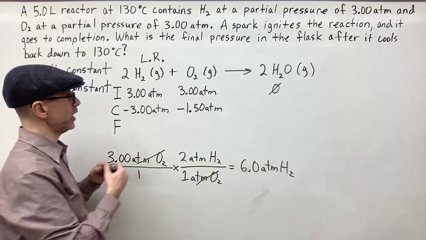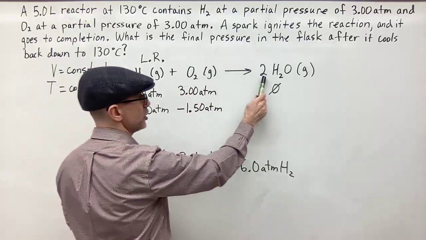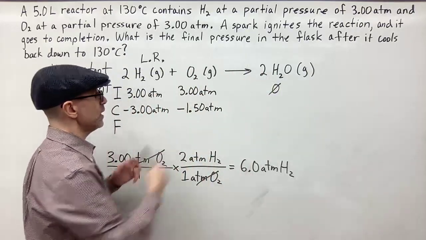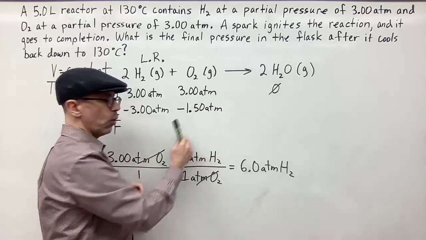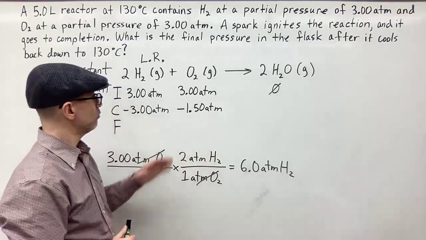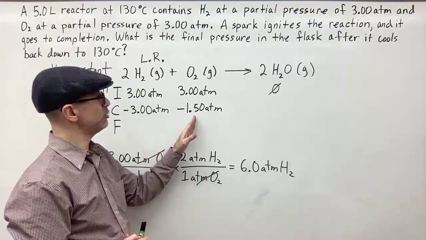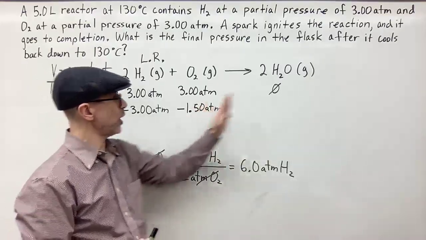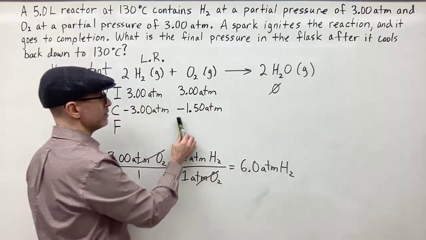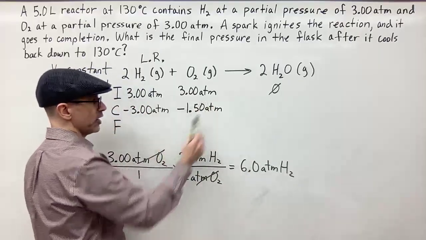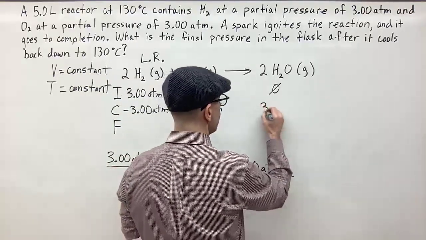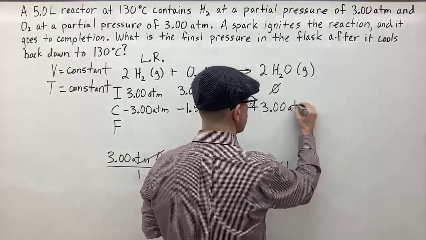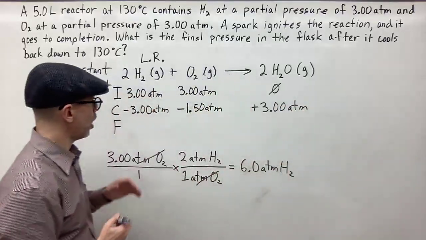Now, notice there's a 1:2 ratio between oxygen and water vapor. So if I'm losing 1.5, then I need to gain twice as much in water. So I'm going to have to double this for the water. So this becomes a positive 3.00 atmospheres of water vapor.